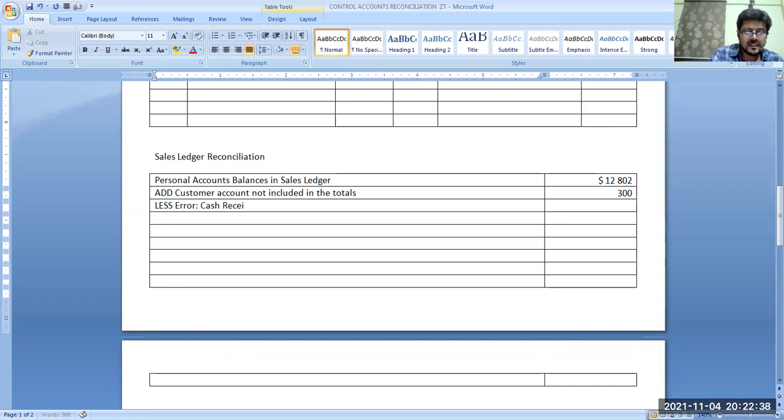Cash received was understated. How much? 180. Done? So we put it in a bracket, so we should not forget to subtract it.